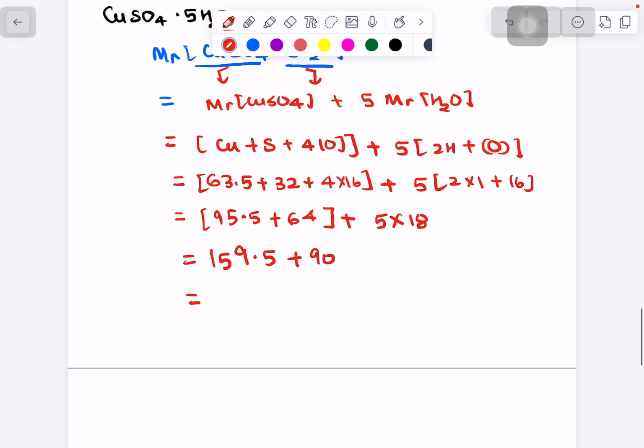When you add them together, it's 249.5. So that's the relative molecular mass of copper sulfate crystals.